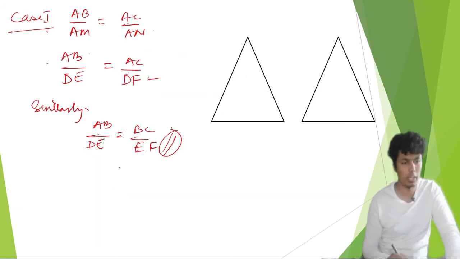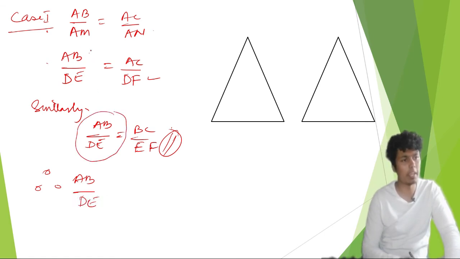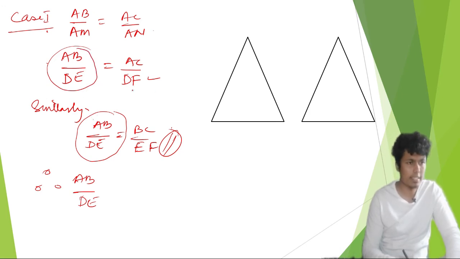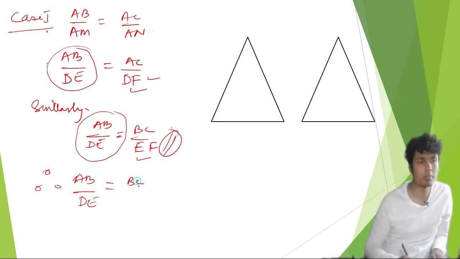Therefore we can conclude, look here very carefully, AB by DE and AB by DE here both are similar, so you write only one. So we can conclude that AB by DE is equal to BC by EF, which is also equal to AC by DF.